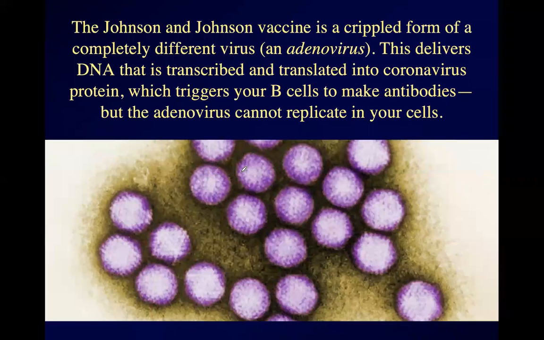You don't get sick from the adenovirus. The adenovirus just delivers DNA that your cells transcribe and translate to make that coronavirus protein. And then your B cells crank out antibodies and create memory cells, and you're protected after that from coronavirus. And I'm sorry I went over time.